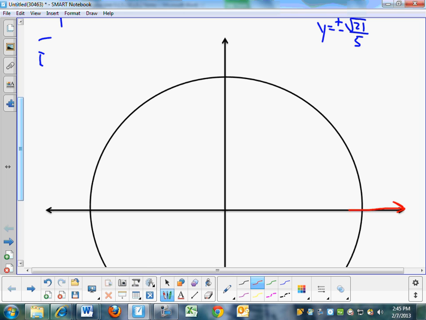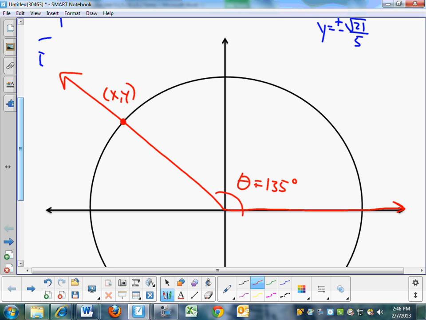So your angle starts here, and it goes 45 degrees past 90. So what we want is that theta equals 135. In order to determine this position, this xy value right here, I said 135 degrees.